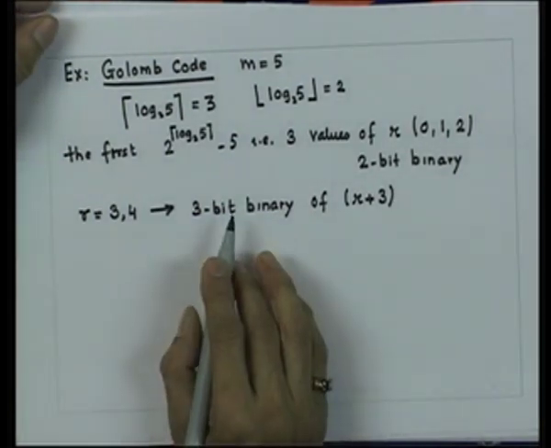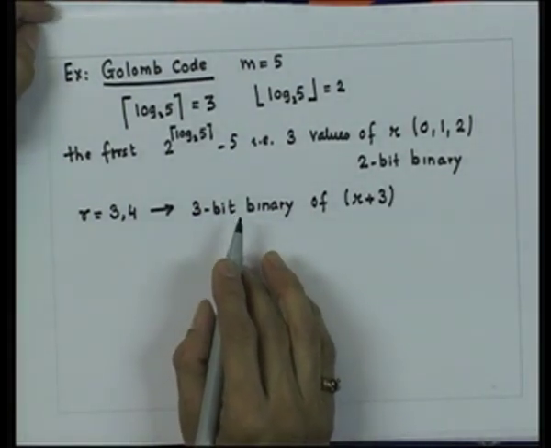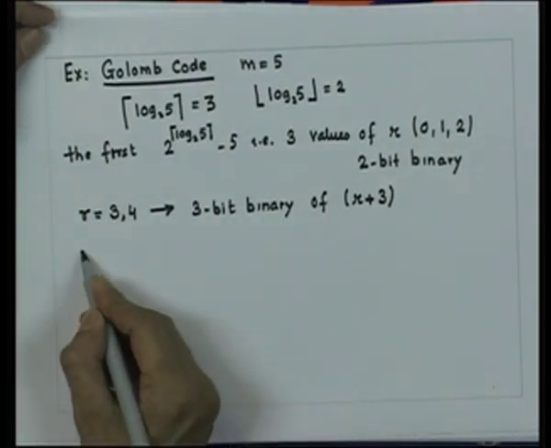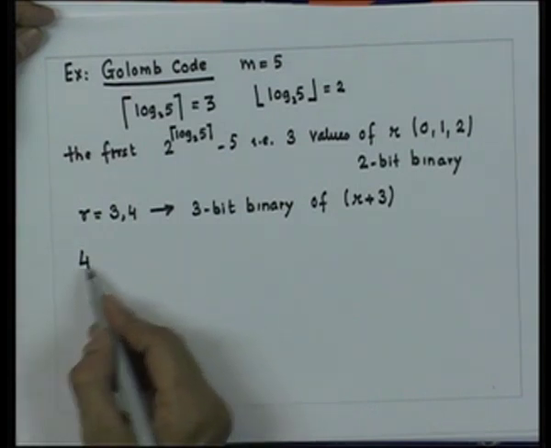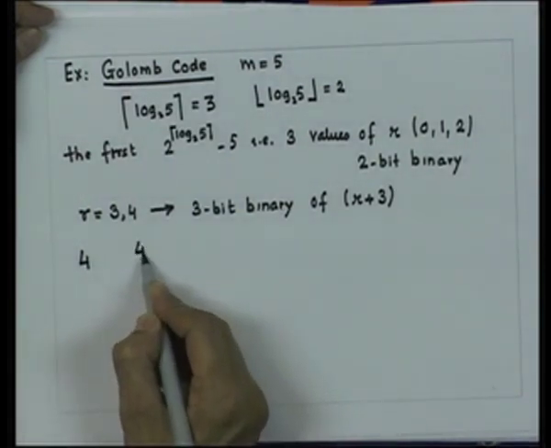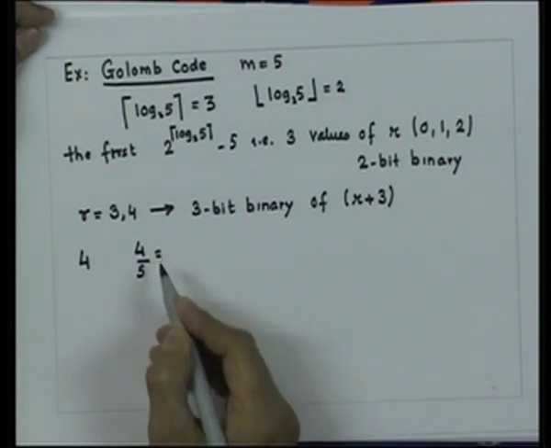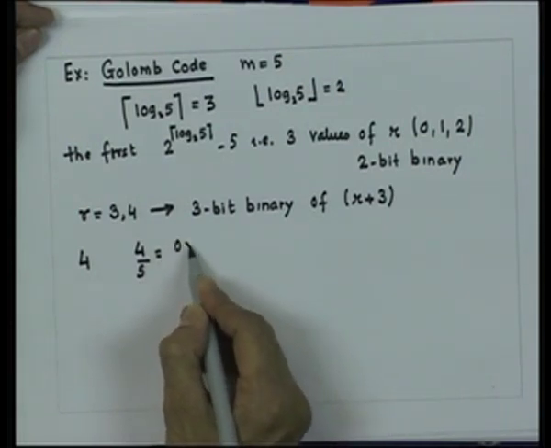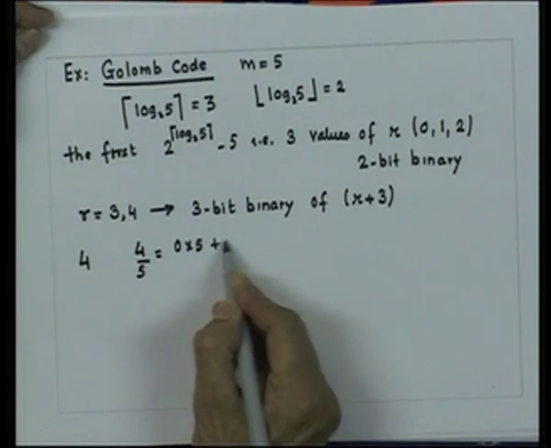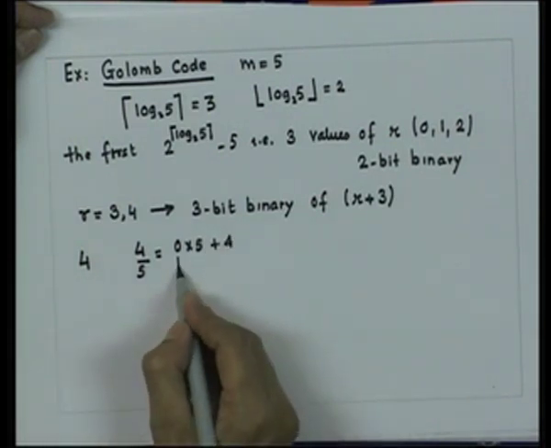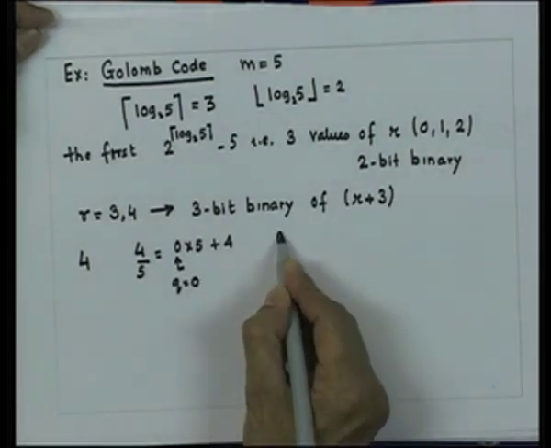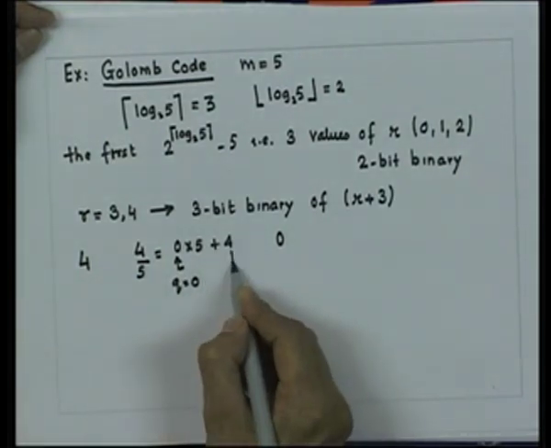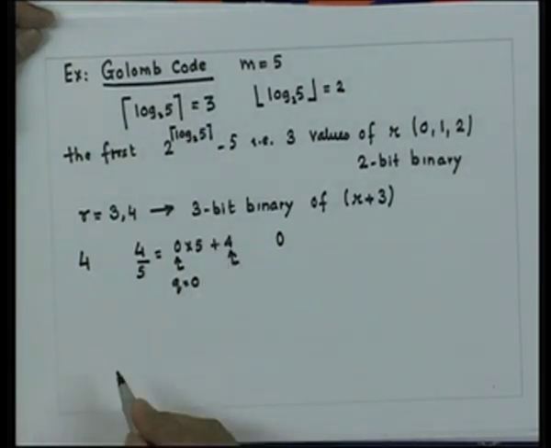So, q is always represented by the unary code for q. If we take the Golomb code for 4, I divide 4 by 5, and I get 0 multiplied by 5 plus 4. In this case q is equal to 0, so the unary representation of 0 would be 0, and r is equal to 4.